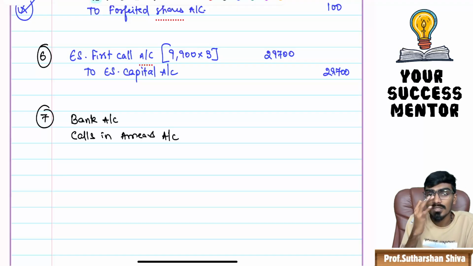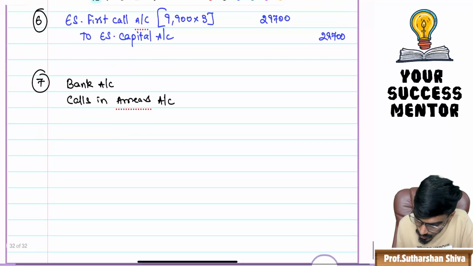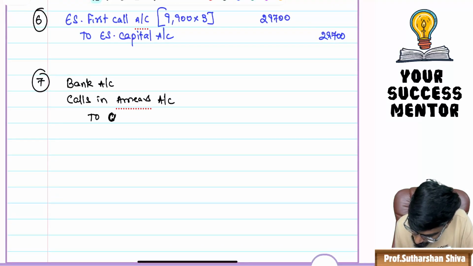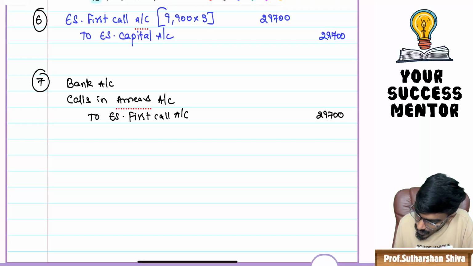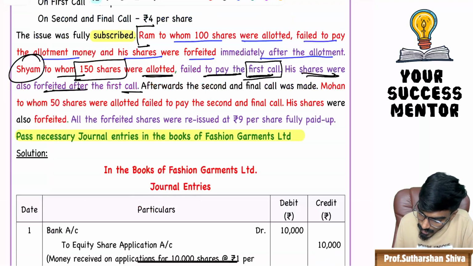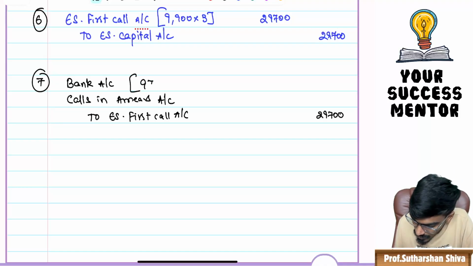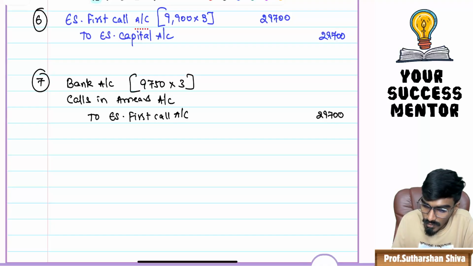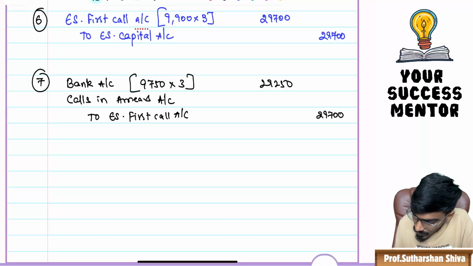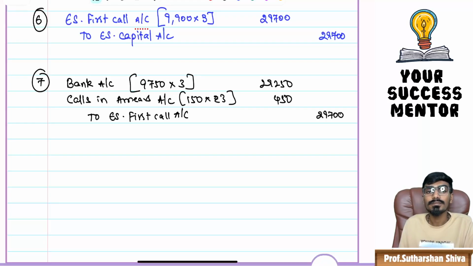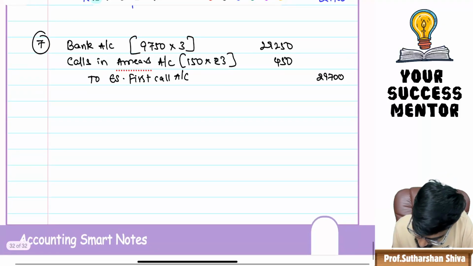If you are not writing calls in arrears, that is also fine, since it is already given in my book. Equity share first call, now you need to reverse the same. He is holding 150, so from 9,900 minus 150, hereafter it is only 9,750 into 3 that is received, which is 29,250. Here 150 into 3 rupees gives me 450. Correct? Yes, sir.